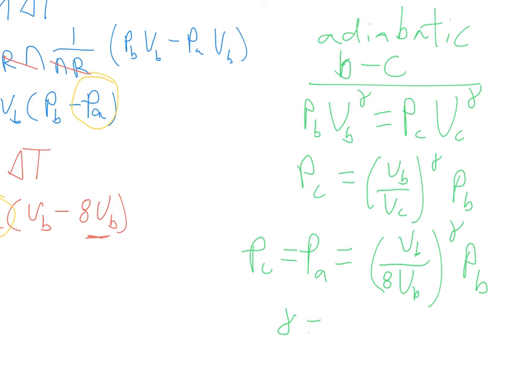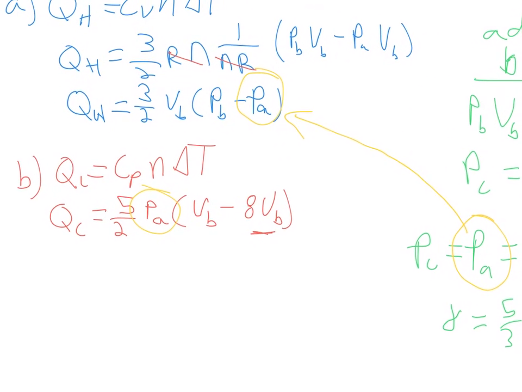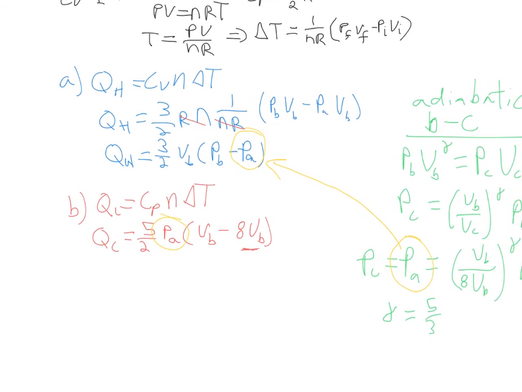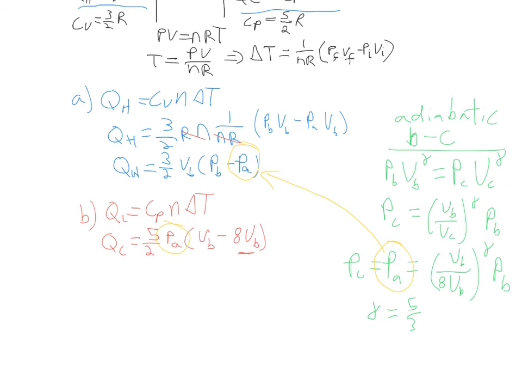Keep in mind, gamma for a monatomic gas is 5/3. So from here you should be able to solve for PA, plug it in over here to find QH, and also plug it in over here to find QC.